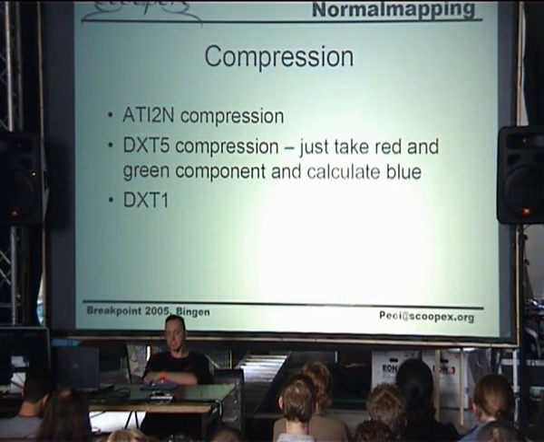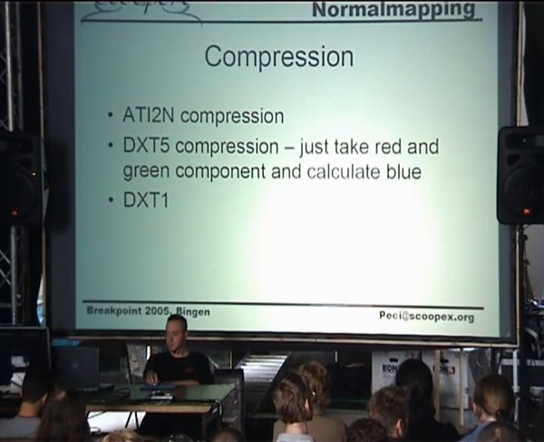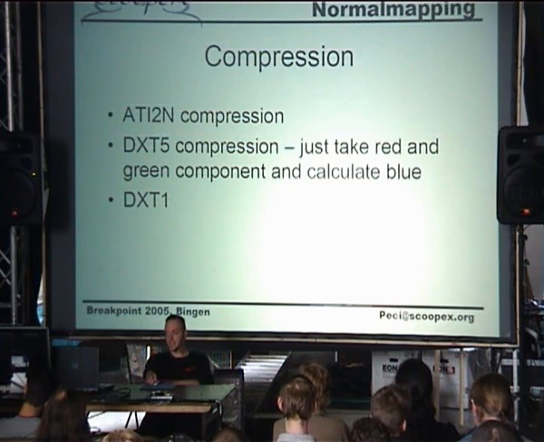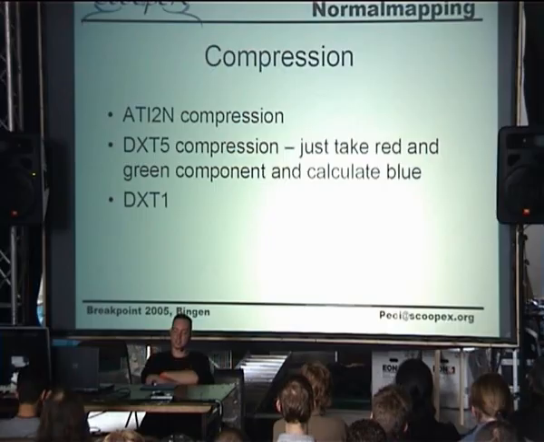So you can just multiply and add them together and do a square root to get the third component. The big disadvantage is that this only works on the latest generation of hardware.